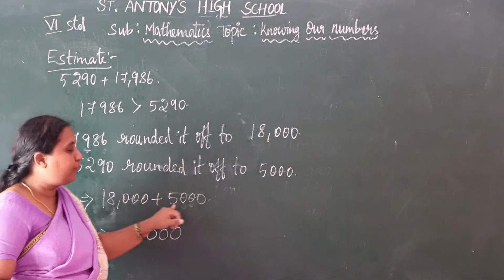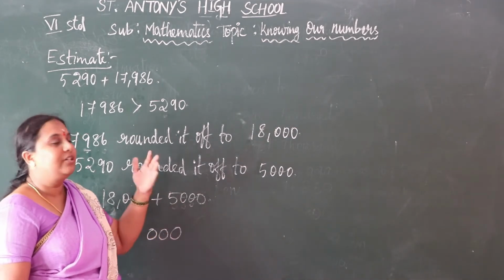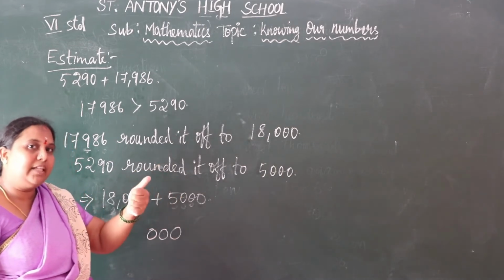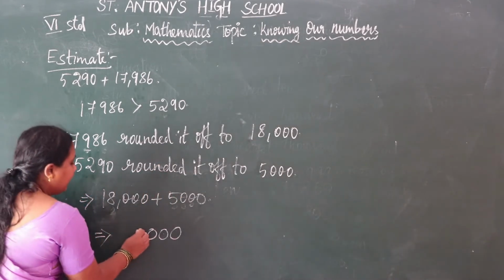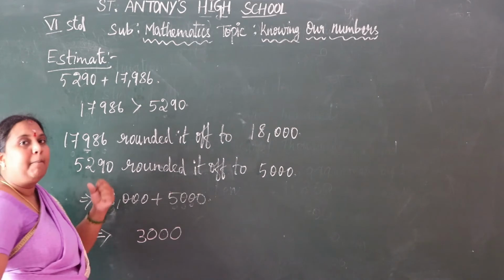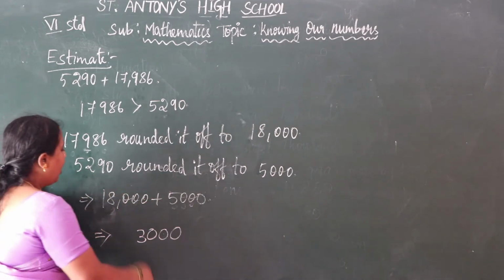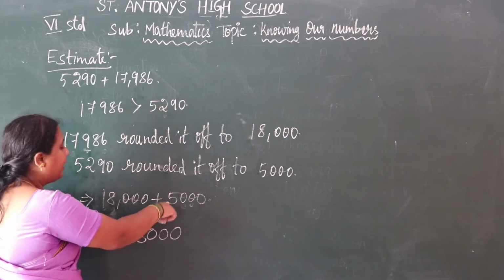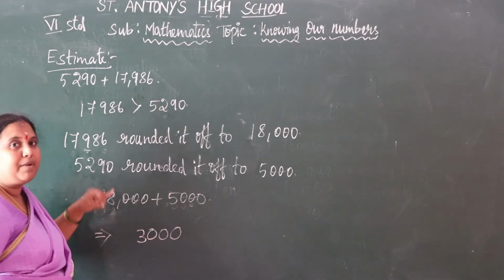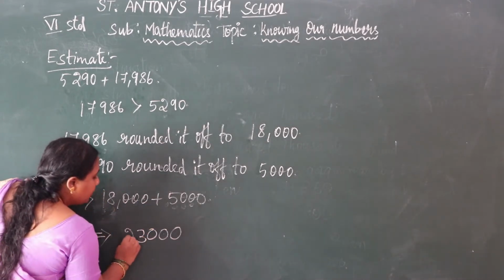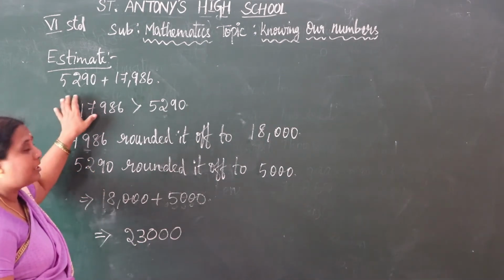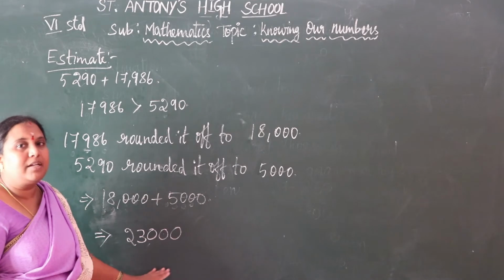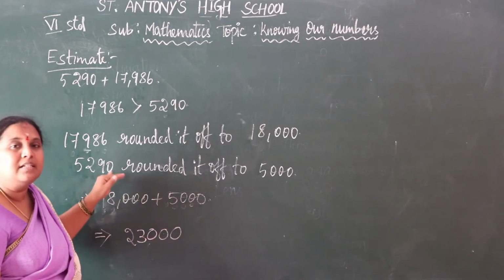So 8 plus 5: 9, 10, 11, 12, 13. In 13 we write 3 here, balance 1. In the 10,000 place there is no number here, and 1 here, so 1 plus 1 is 2. So 23,000 is the estimated value for this given sum.